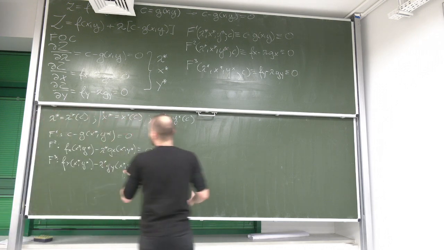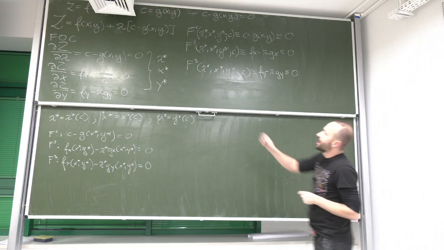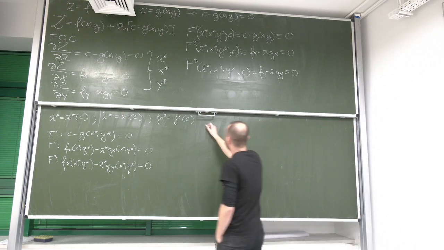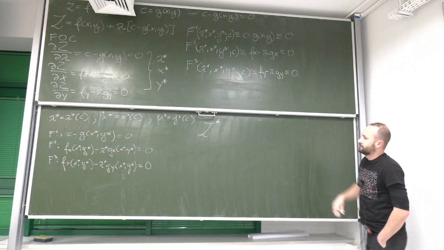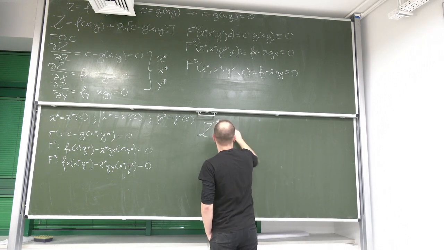And I could simply take all these solutions and put them in the formula for z, right? Why not? In this case, I would obtain the optimal value of z, right? So this would be f.